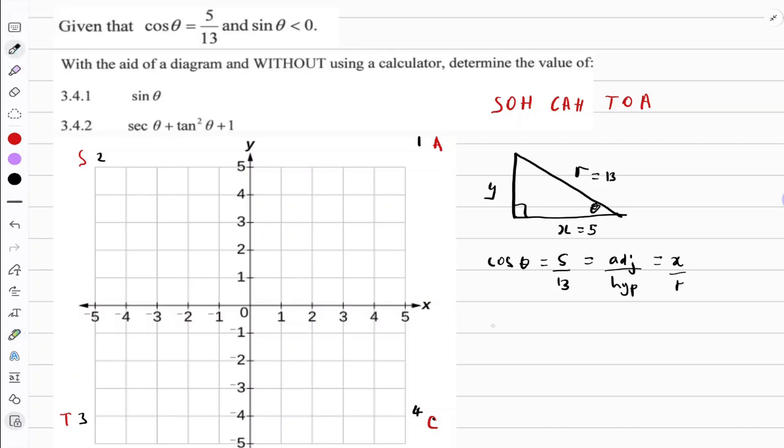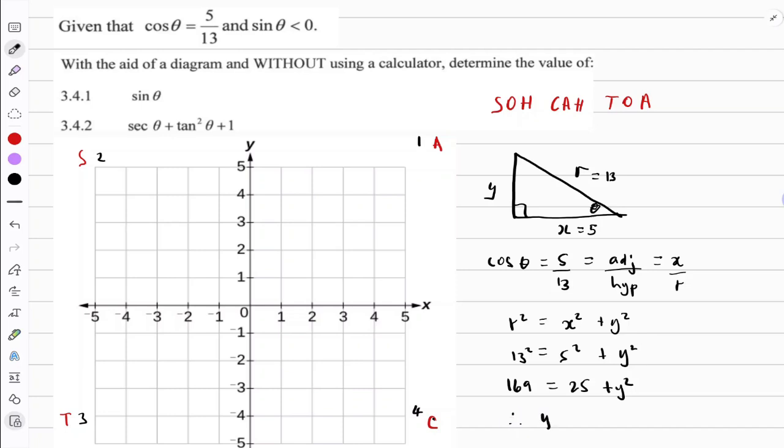We can use Pythagoras theorem. So using Pythagoras theorem, we know that the square of the hypotenuse is equal to the sum of the squares of the other two sides. So the hypotenuse is 13 and the adjacent side is 5. So we can find the opposite side. This is 169 is equal to 25 plus y squared.